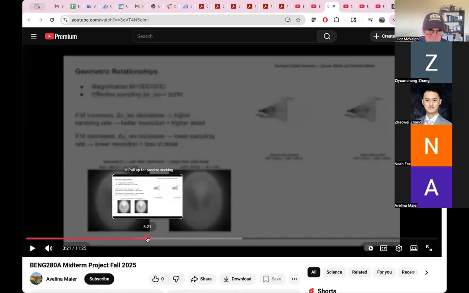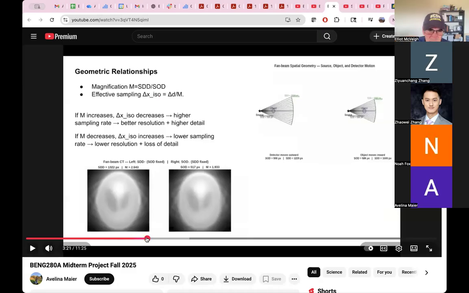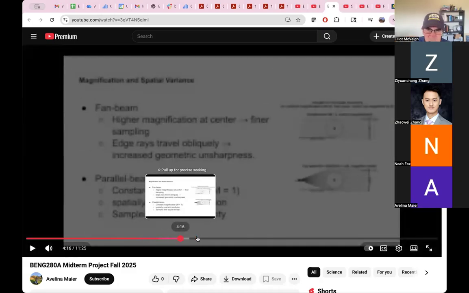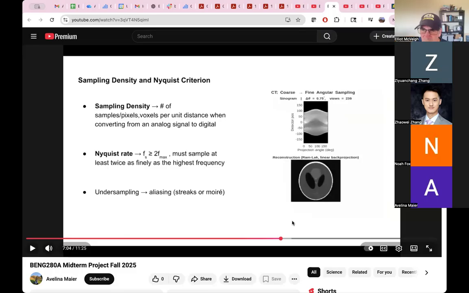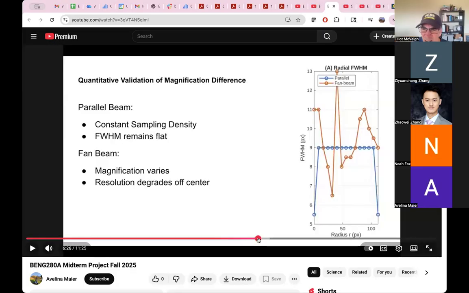If I bring up the phantom, do you know where it was? I don't think I showed the phantom in this one because I couldn't quite get the code to work to include both at the same time, so I just had to graph it up.